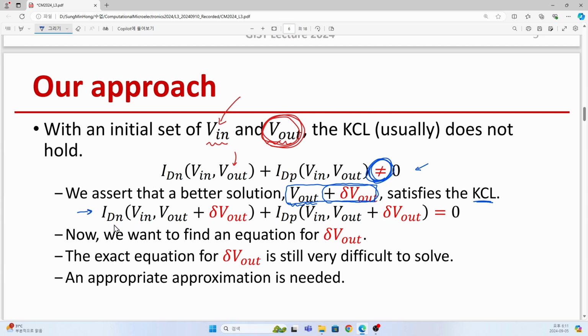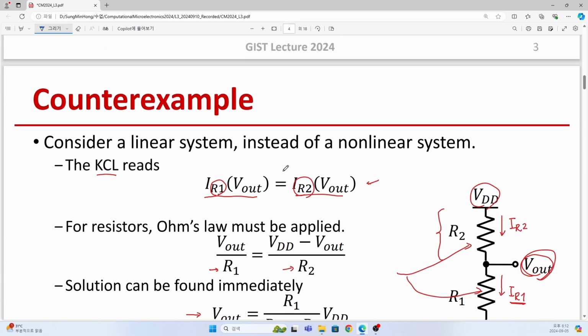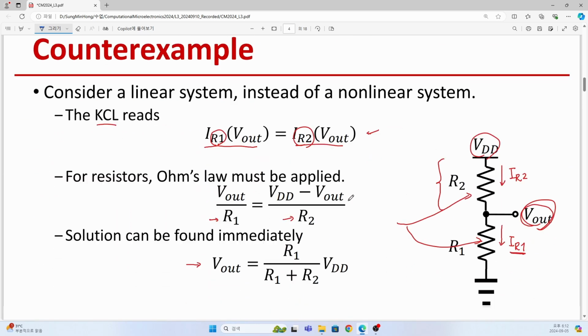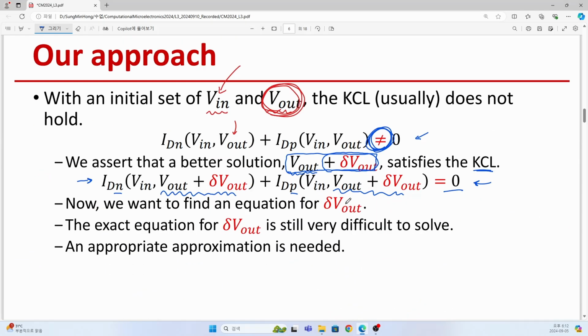Sum of NMOSFET current and PMOSFET current vanishes with this updated solution. So now we wanted to find an equation for delta V out, the update. Unfortunately, this equation itself is as complicated as the original one as shown here. So there is no improvement or no easiness of solution procedure.